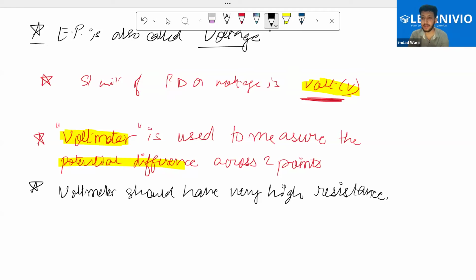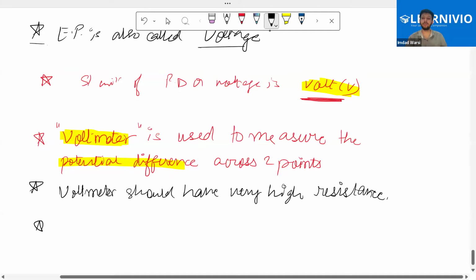We haven't studied resistance, we'll be studying it later. But do you have any idea about resistance? Resistance is like something which reduces the flow of current. Kind of, we can say, yeah. So voltmeter should have very high resistance.